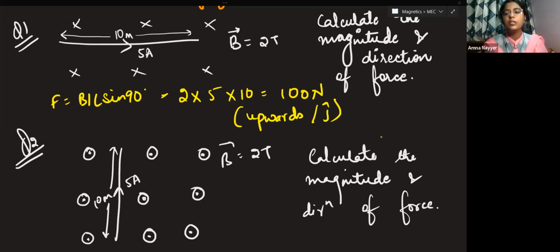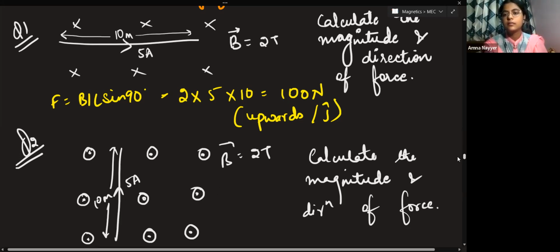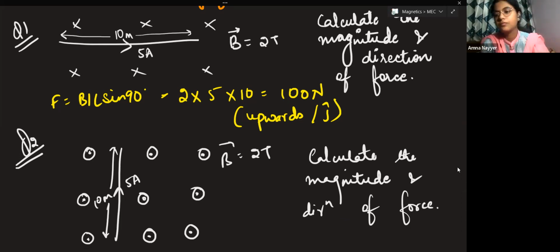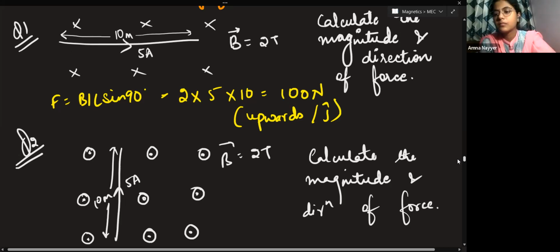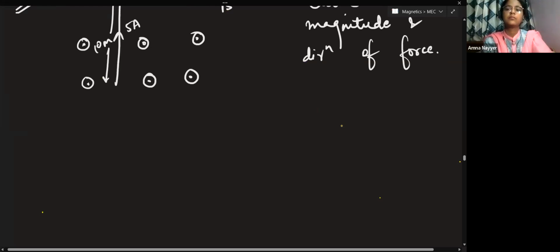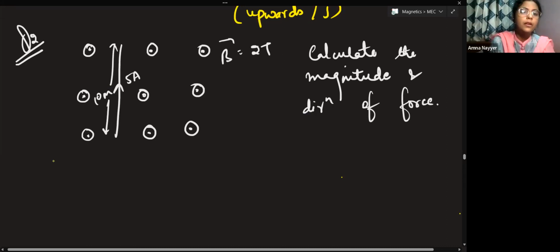B into I into L. So magnetic force becomes what?